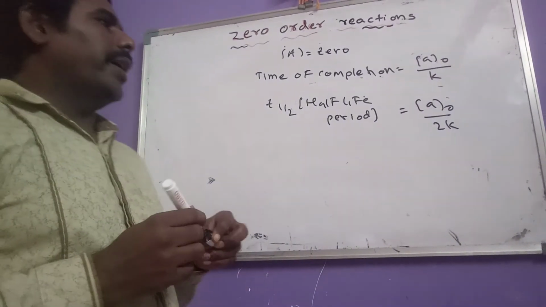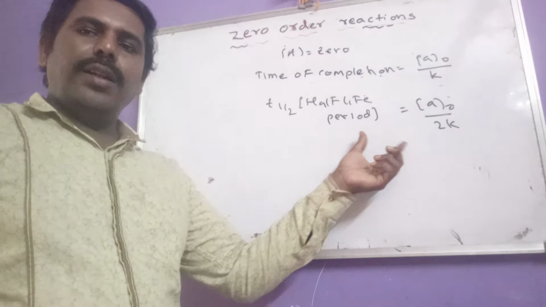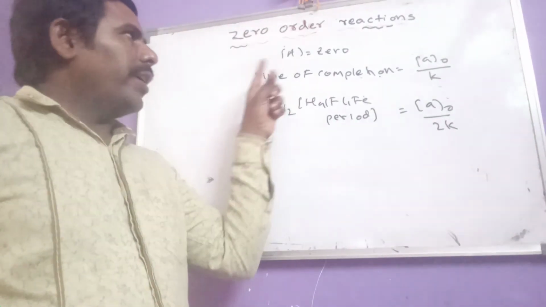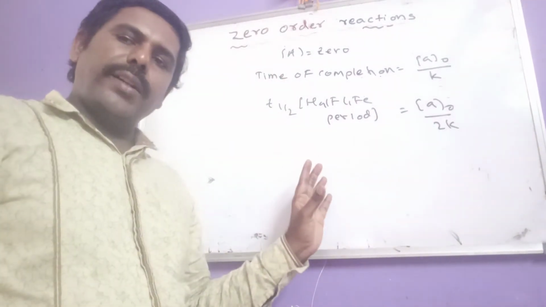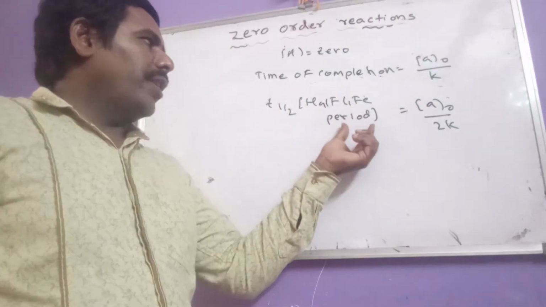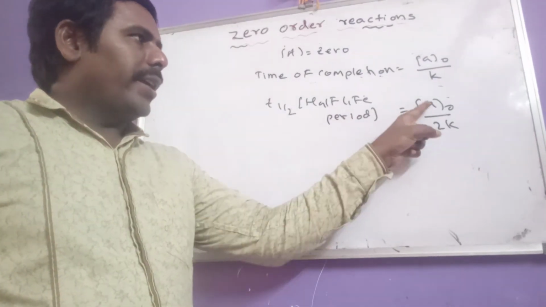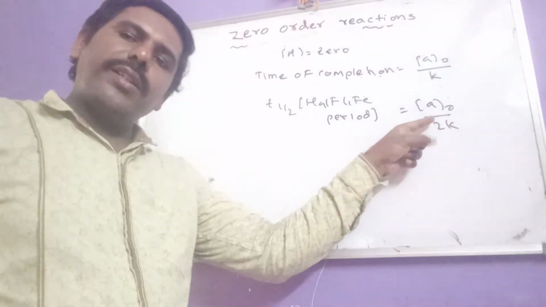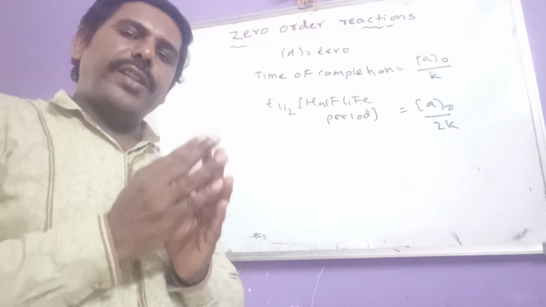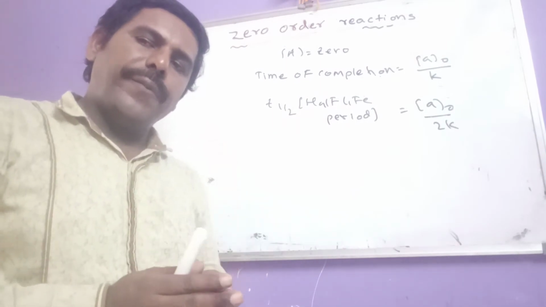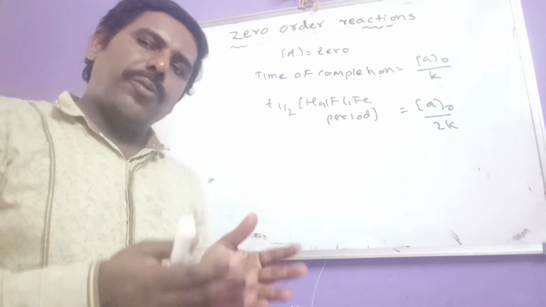By using this expression we come to know one thing: for zero order reactions, half life period is directly proportional to initial concentration. If initial concentration becomes half, half life time also becomes half.